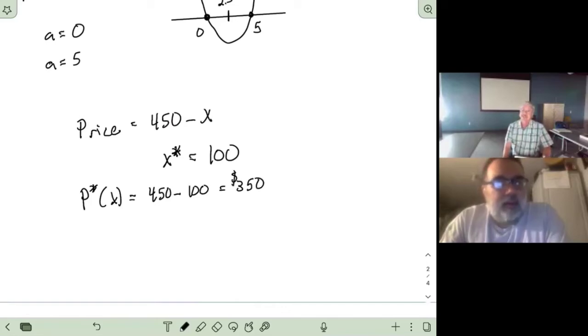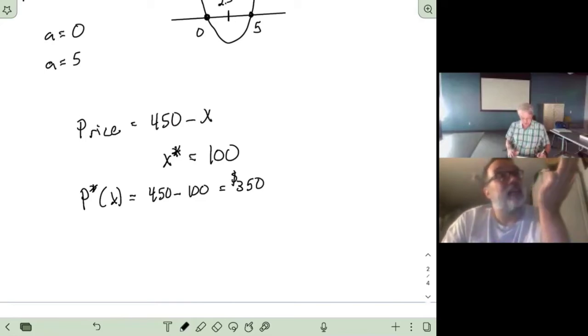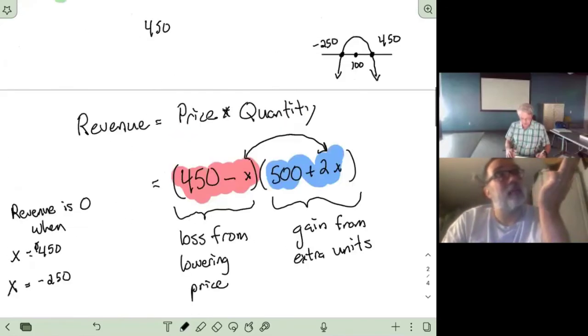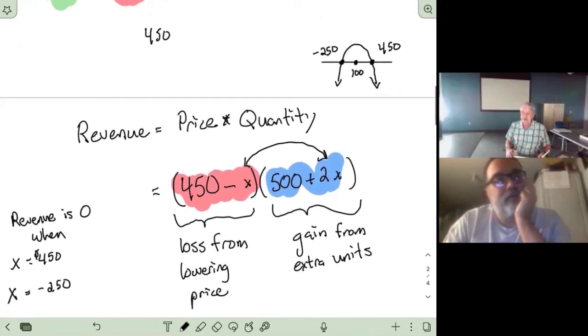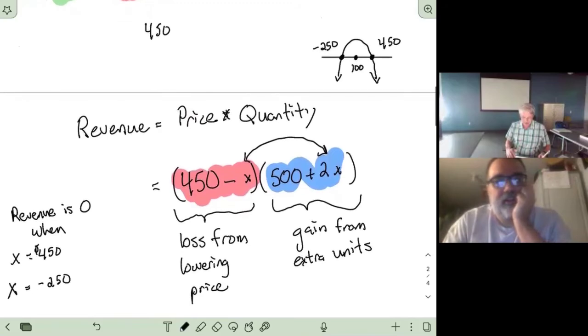You can tell how much economists maximize and minimize things. They have their own special notation for that. And so the phones, how many would they expect to sell? It would be the 500 plus double that, so 700.